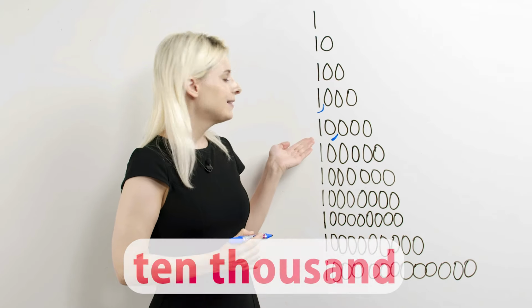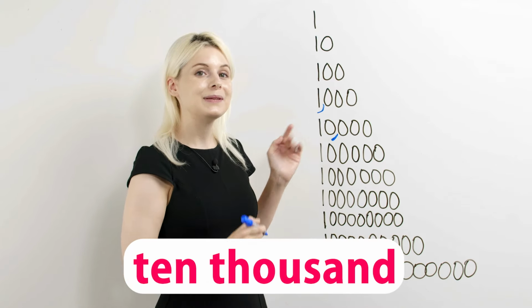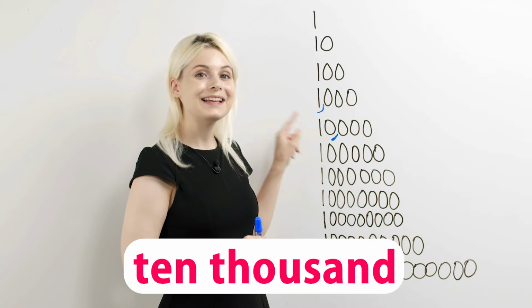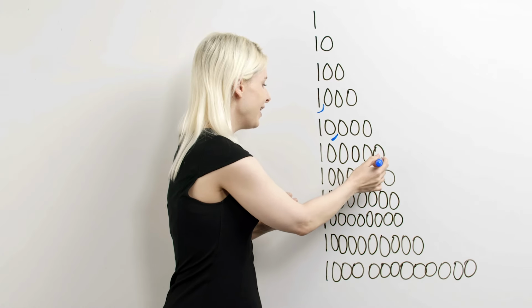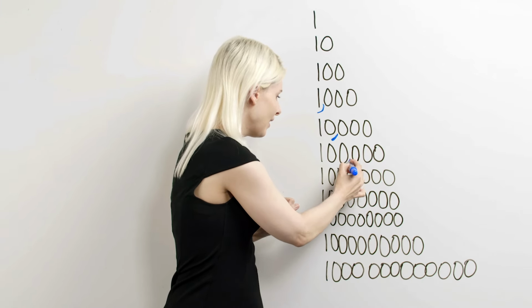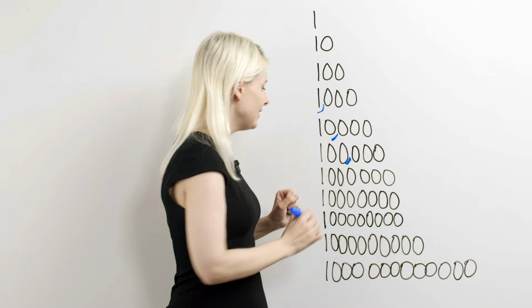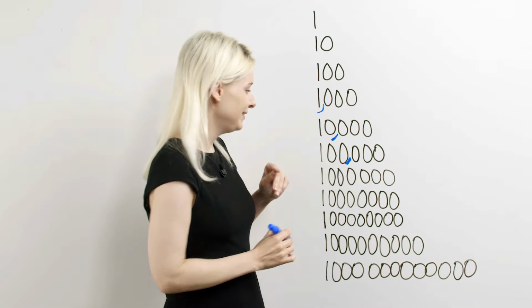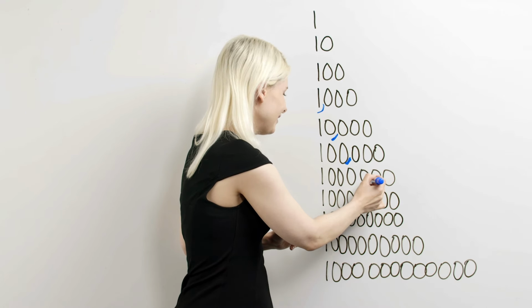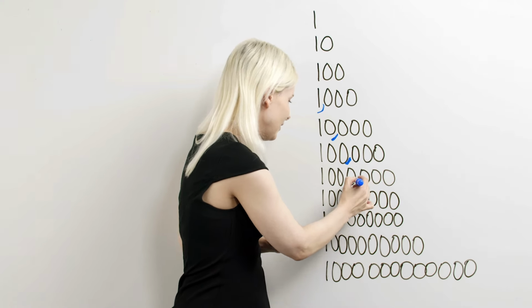This one, 10,000. Let's keep going. 1, 2, 3, comma. This one, 100,000.